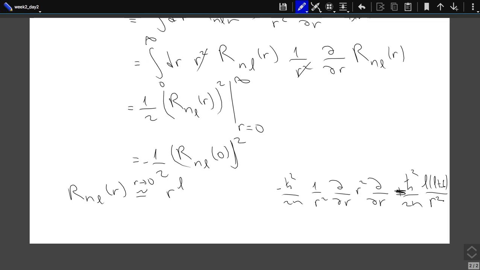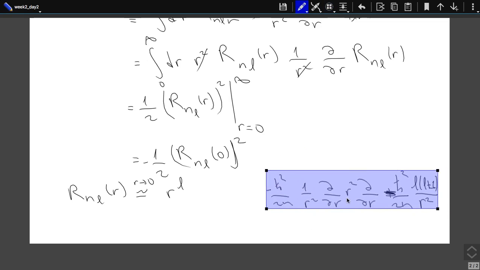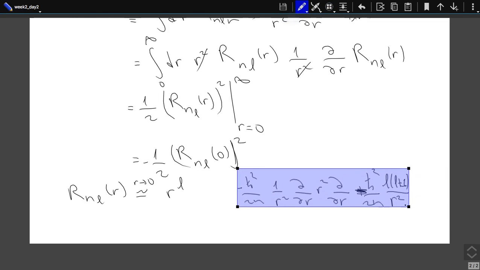So at r equal to 0, let's say for example for the hydrogen case, the potential is 1 over r. As r goes to 0, the important term is not the potential, but this 1 over r squared piece. And the matrix element of that piece, unless l is equal to 0, diverges. Unless it is cancelled by the first term.